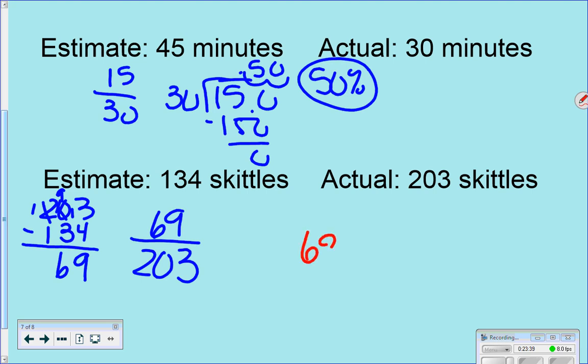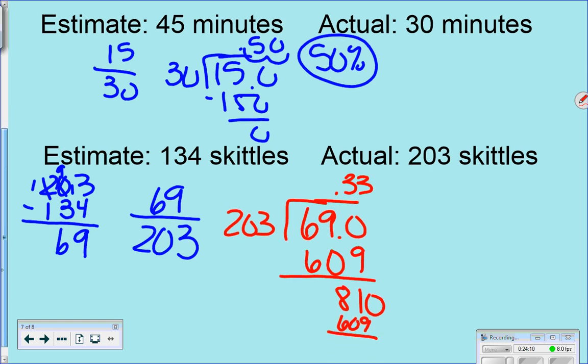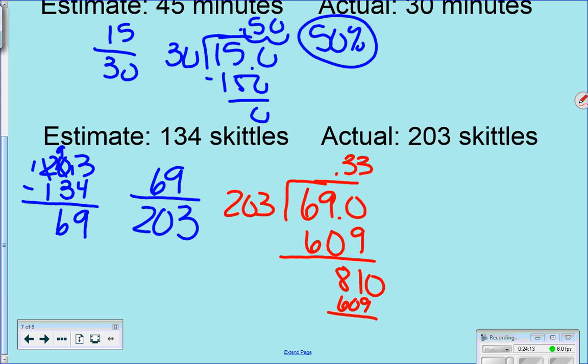Let's see. Probably 3 times. It's got to be 3 times. 2, 6. So I get 1. Probably 4 times. 4 times would be 8, 12. Oh, it's still only 3, isn't it? Oh my goodness, so close. 201.